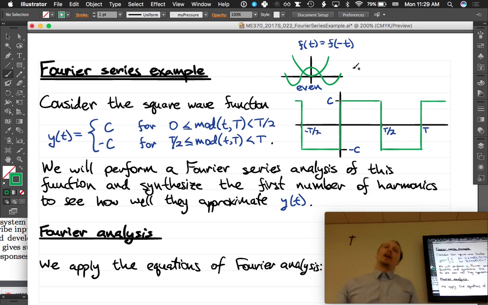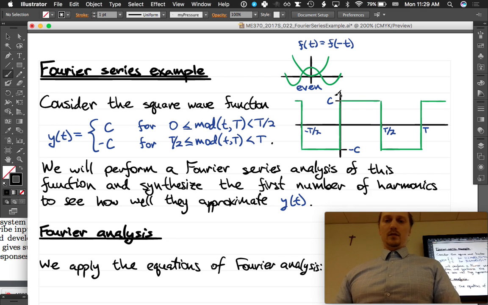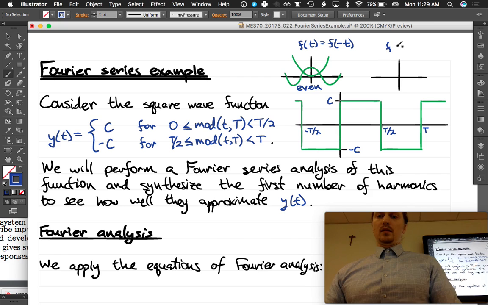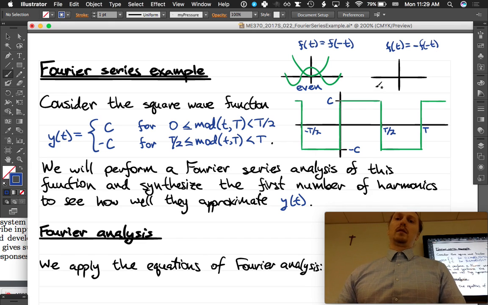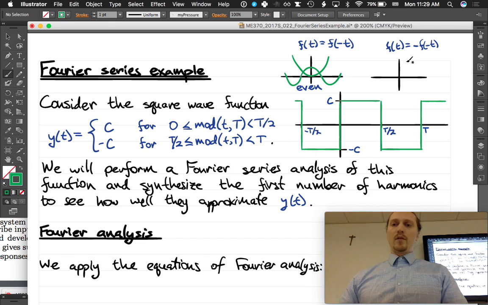Okay? An odd function, mathematically, f of t is equal to negative f of negative t. That is like a cubic function, yeah.